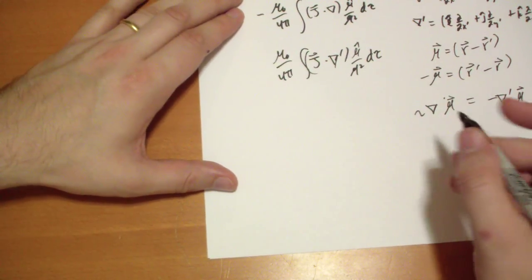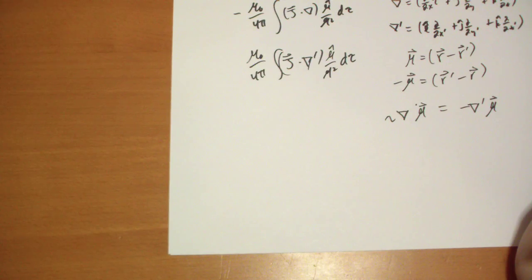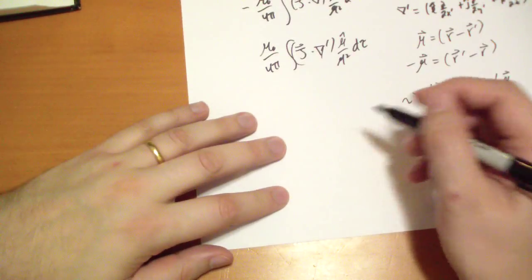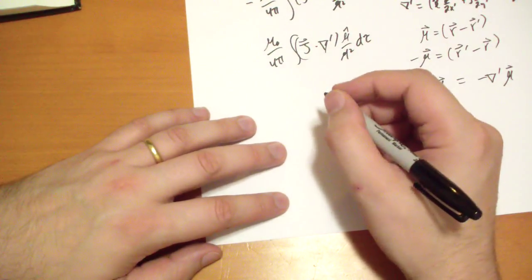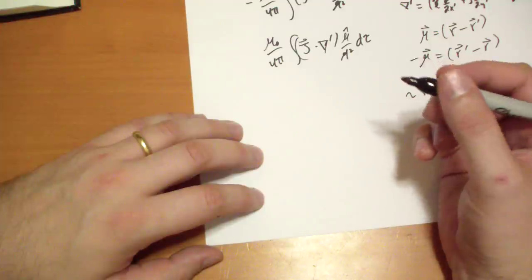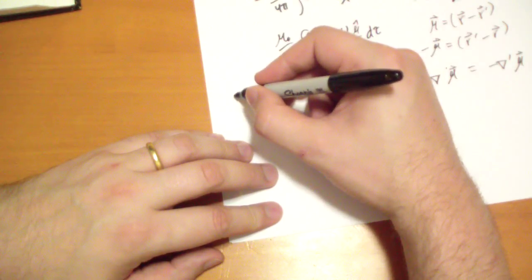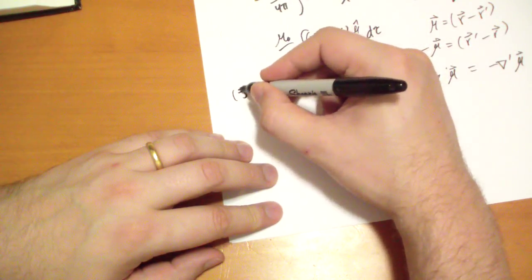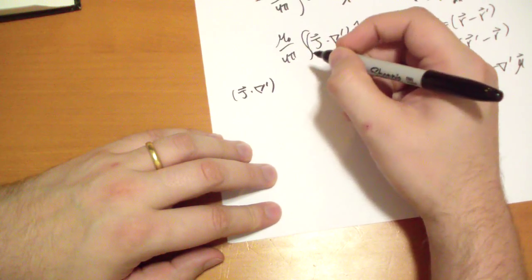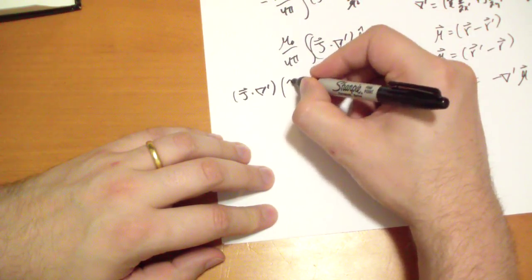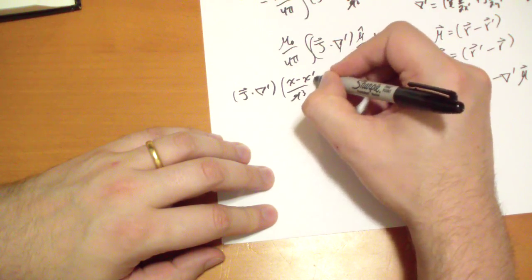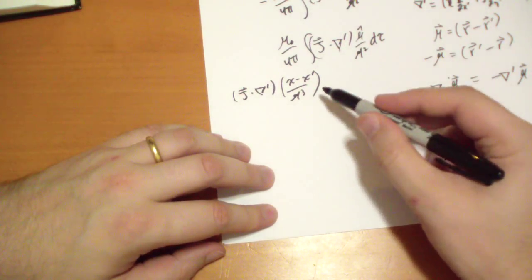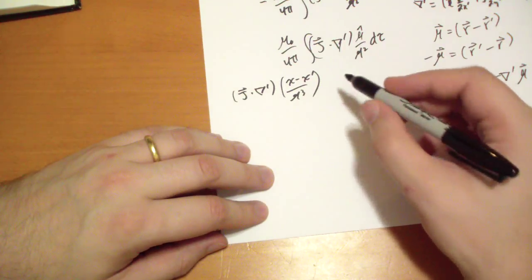The x component in particular. So we have j vector dot del prime of x minus x prime over r cubed. That's the i component, the x component.